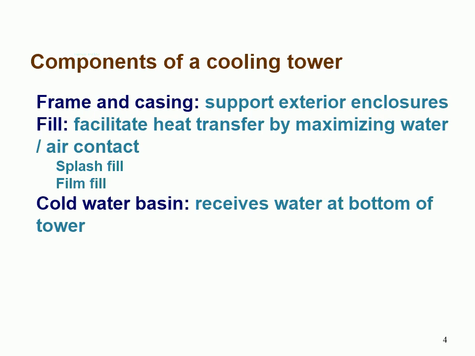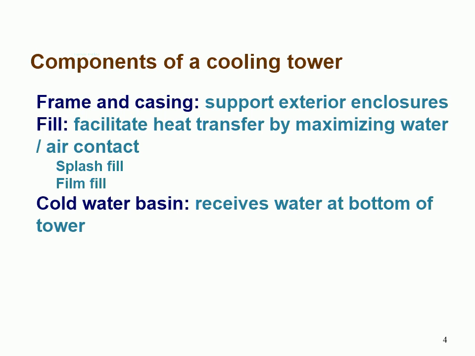There are two types of fill. Splash fill. Water falls over successive layers of horizontal splash bars, continuously breaking into smaller droplets, while also wetting the fill surface. Plastic splash fills promote better heat transfer than wood splash fills.